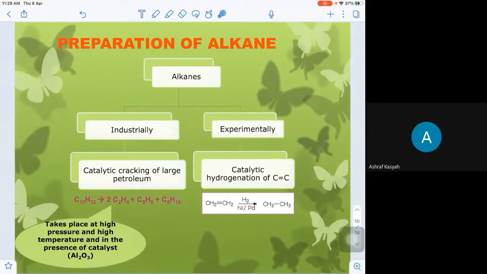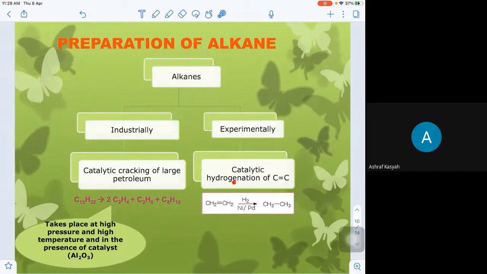Number two, how alkane can be produced experimentally in the lab is through the catalytic hydrogenation reaction of alkene. C double bond C, this is alkene. When an alkene undergoes catalytic hydrogenation, catalytic means this process requires a catalyst, and hydrogenation means hydrogen is used.